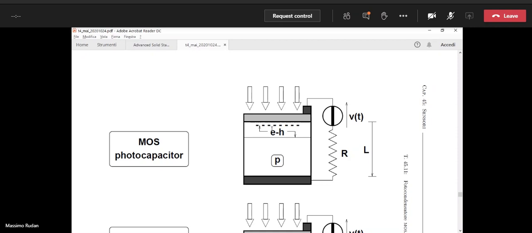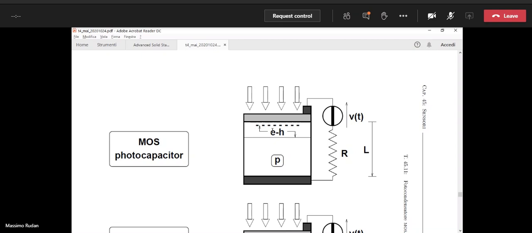So simply the holes follow the raise time. They just leave this area, this volume, depleted of charge, okay? But we do not have any inversion layer. Why?